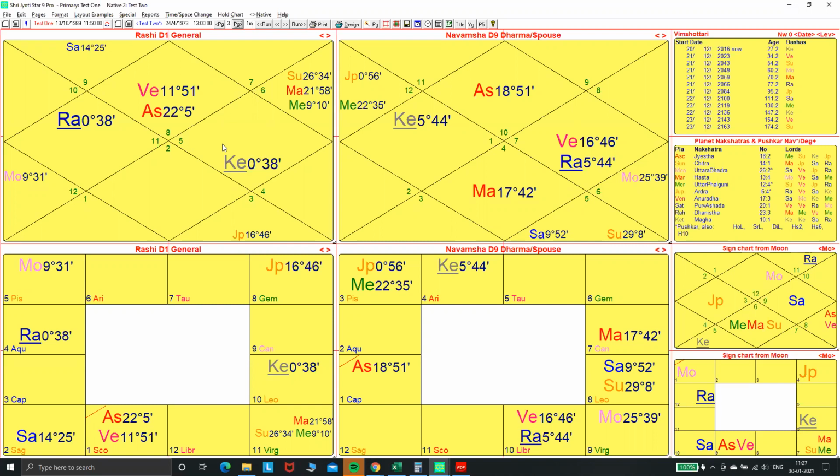So Ketu here is giving the results of the planet Sun, and Sun is configured in one of the most powerful 9-10 Raj Yogas. This Ketu major period has the potential to give this person Raj Yoga effects to be experienced during that period.